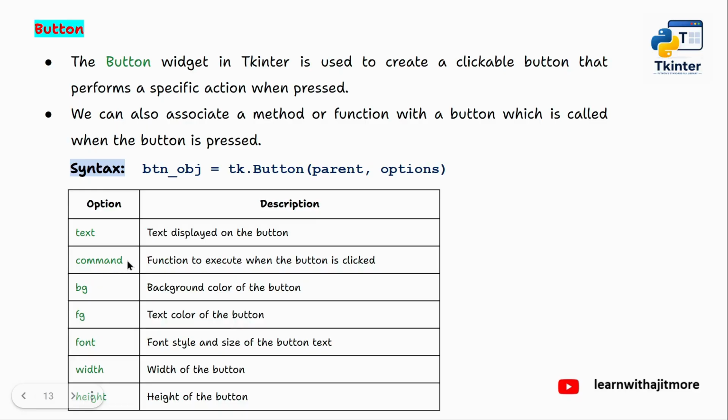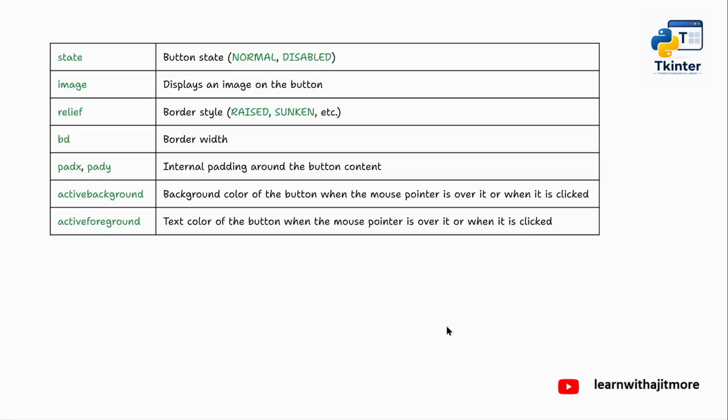So this command is important. Then the background color, foreground color, the font of the button. Then if you want the button to be initially disabled, you can change that. And the spacing between one button and another button, that is called the spacing, so that is by padx, pady.